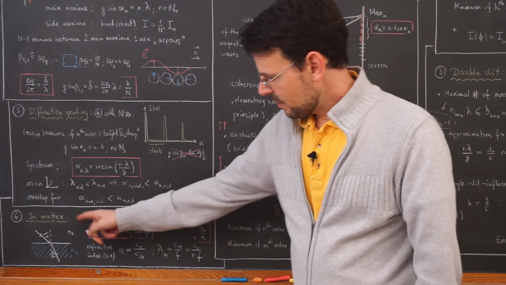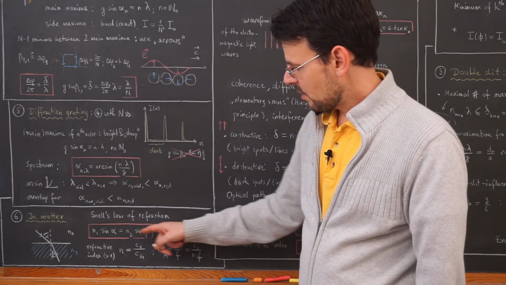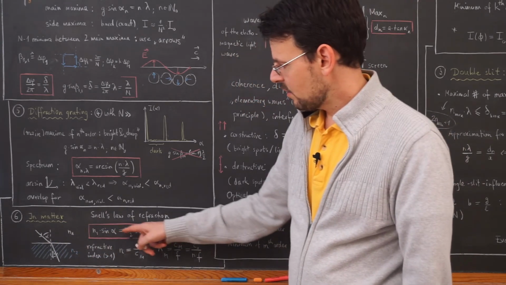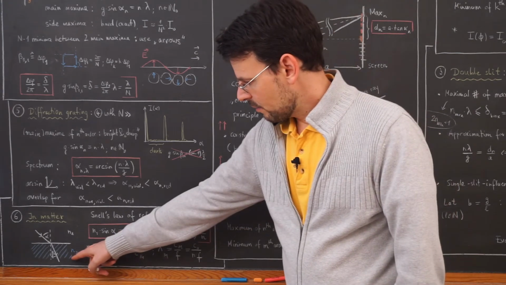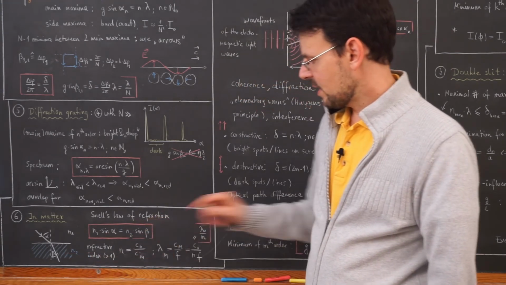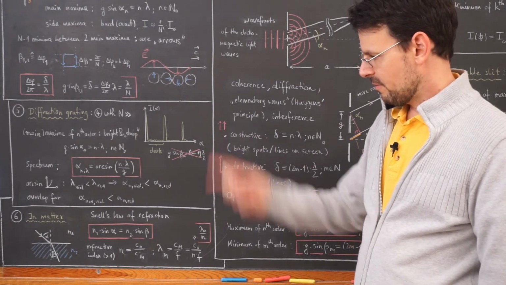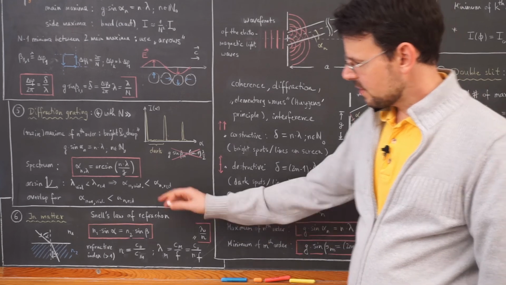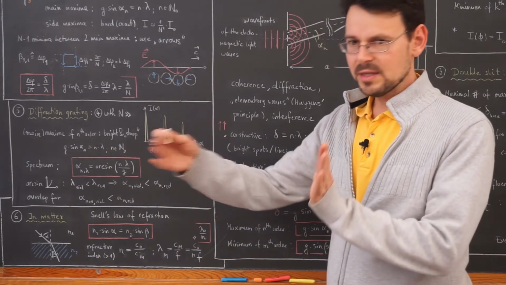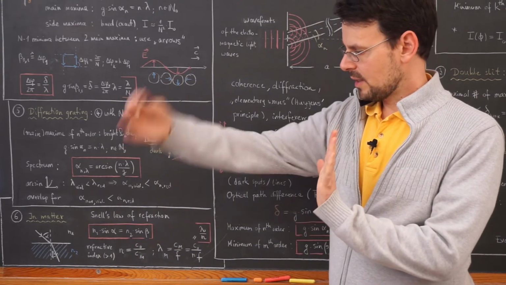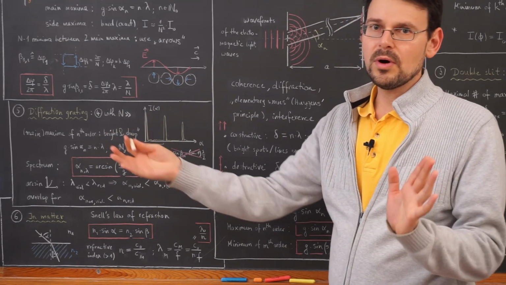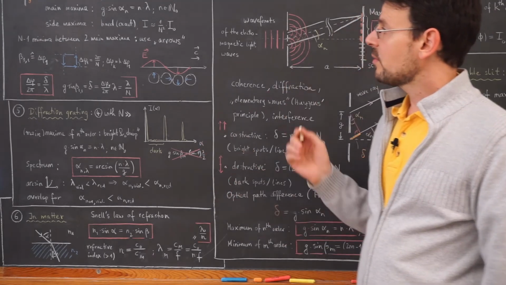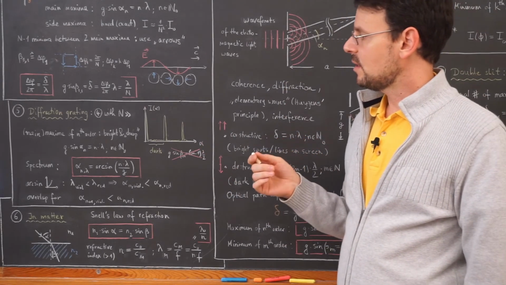And then with the refractive indices, Snell's law reads as follows: n1 times the sine of this angle alpha equals n2, the refractive index of this medium, times the sine of beta, the refraction angle. This is sometimes important if the space between the diffraction object and our screen, for example, is filled with water or glass or whatever. Okay, that's it. That concludes the summary of wave optics as needed in high school.